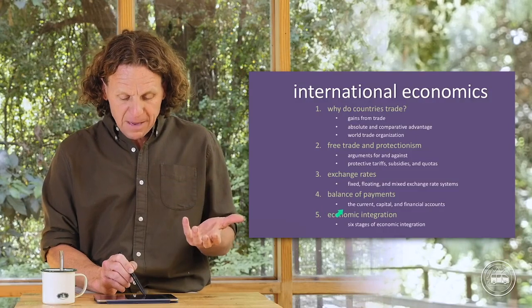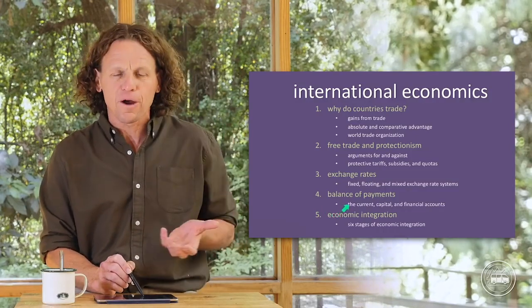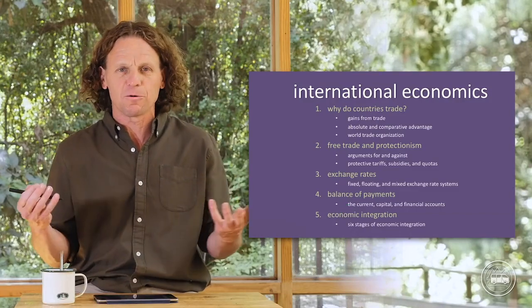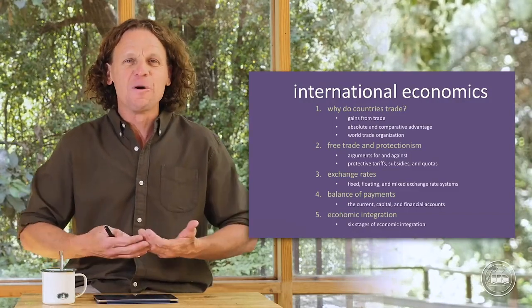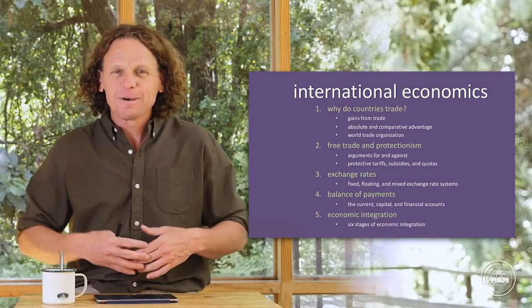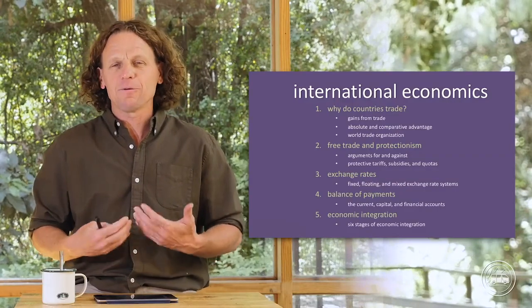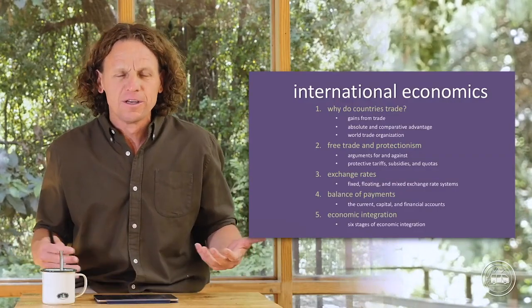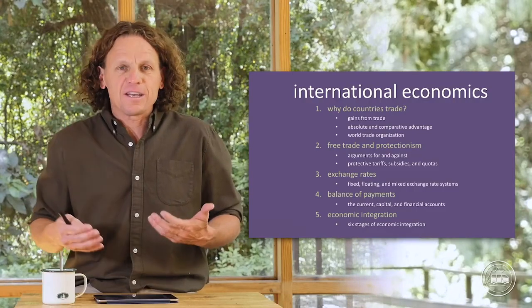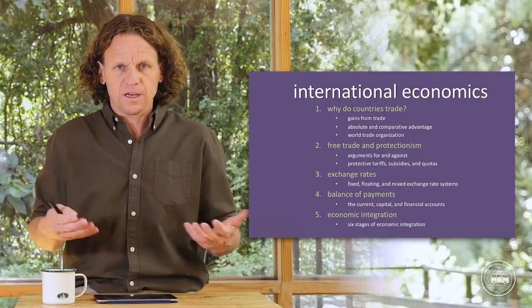Then we'll look at balance of payments. This is where economics language takes over our brains and we can't make sense of what we're talking about, because we're using words in ways that we don't normally use them, like they don't add up. But that's a common thing in economics, and all you have to do is remember that you're learning a new language. If you're learning Spanish from English, you just have to go, that's not what the word meant to me before, but okay, I'll use it that way.